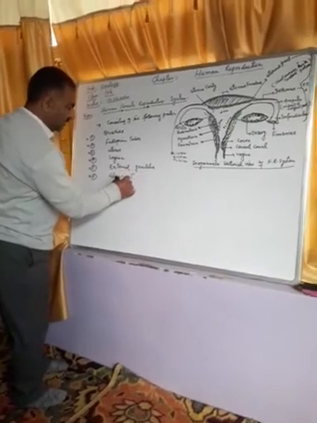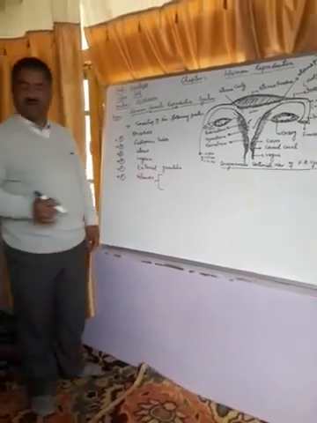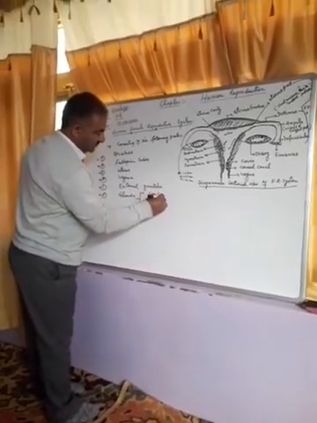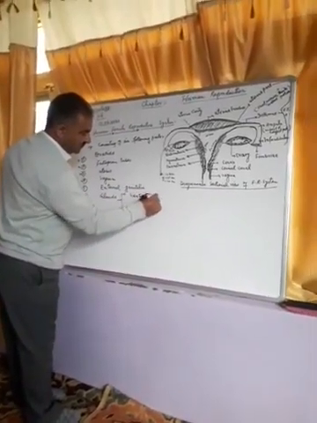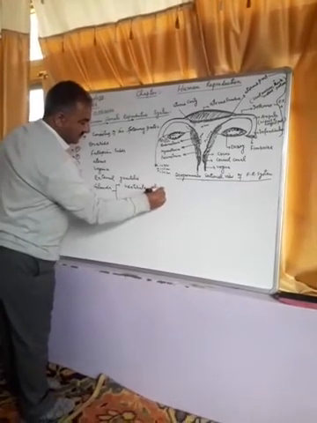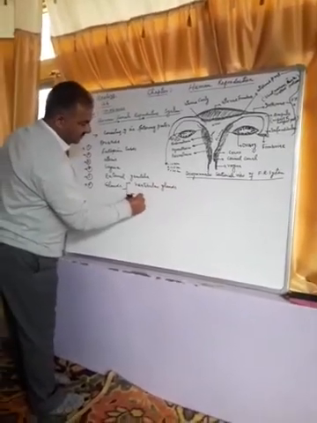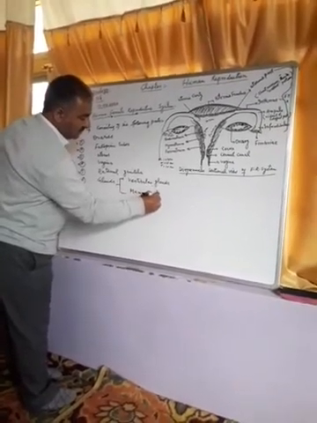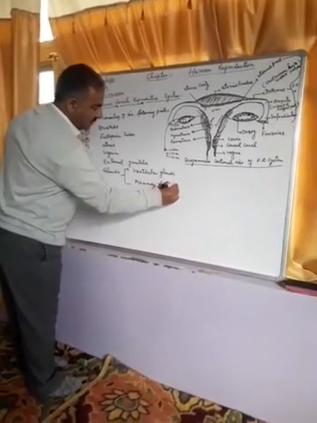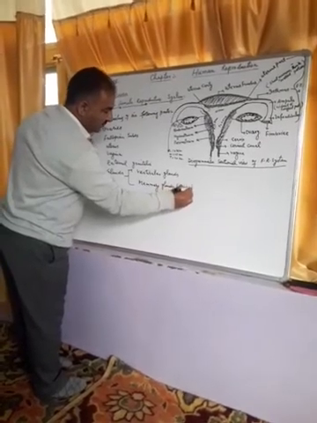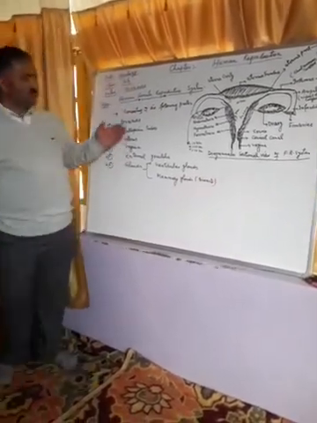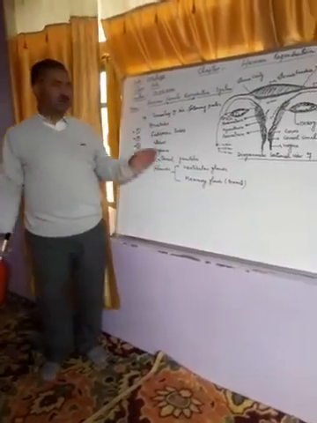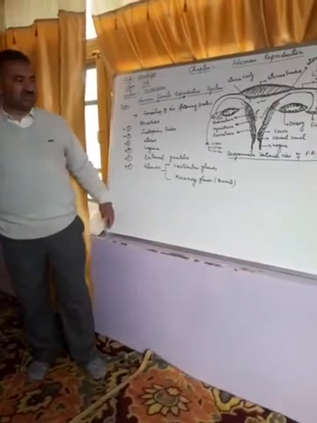We have vestibular glands and mammary glands or breasts. So these are the various parts of the human female reproductive system.